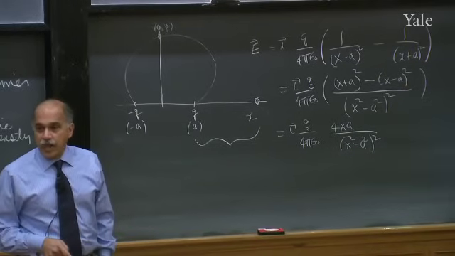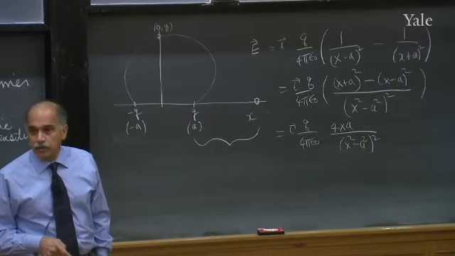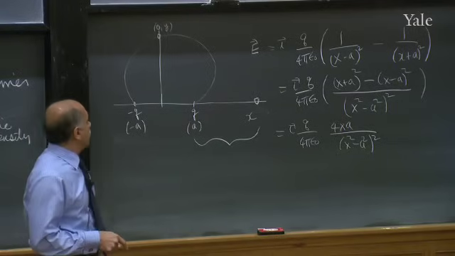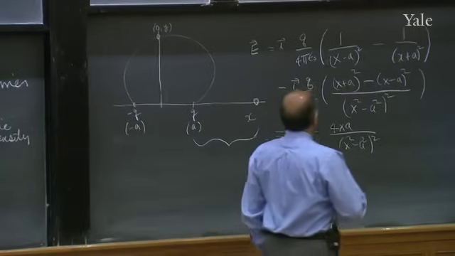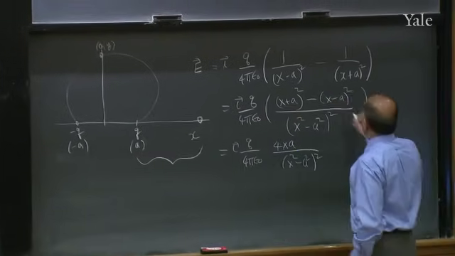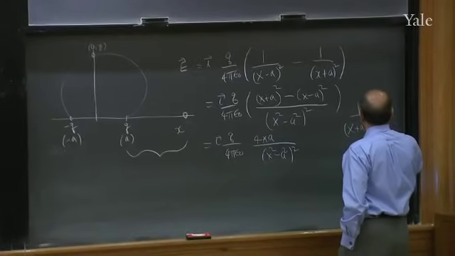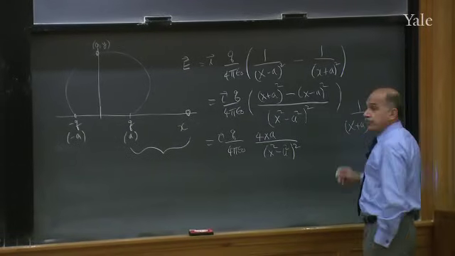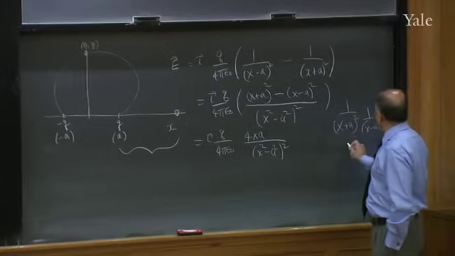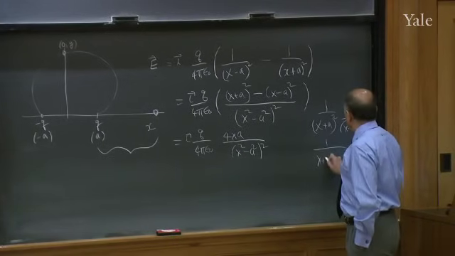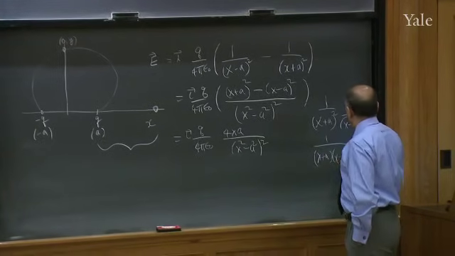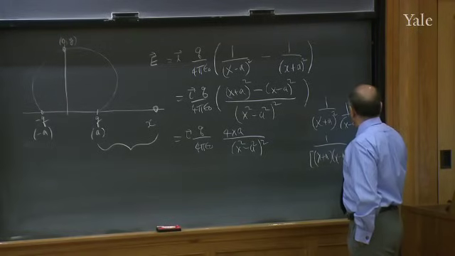Everything okay? Why is it not x minus a squared times x plus a squared? It is. You are saying, why is it not x plus a squared times x minus a squared? It is, because this would be x plus a times x minus a, the whole thing squared.